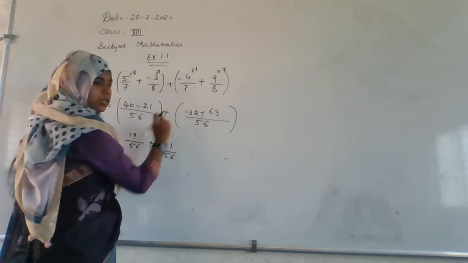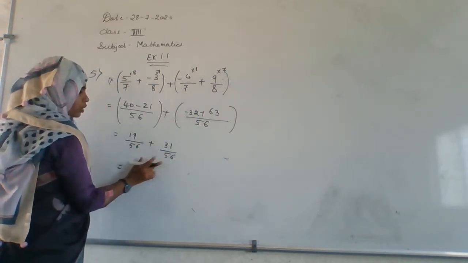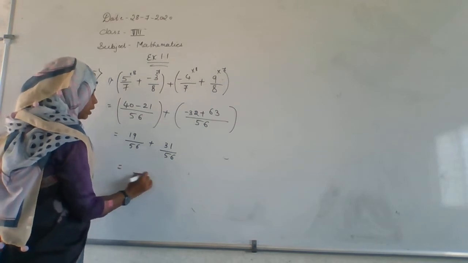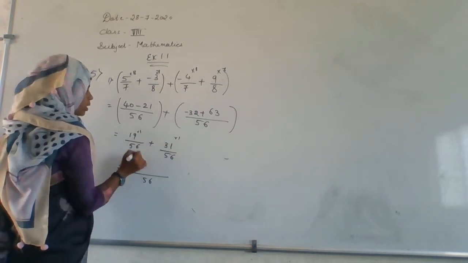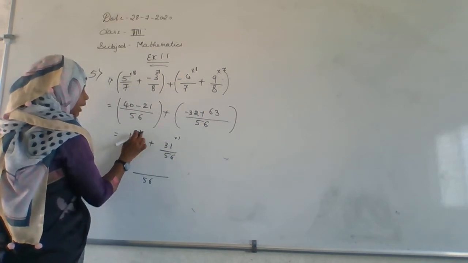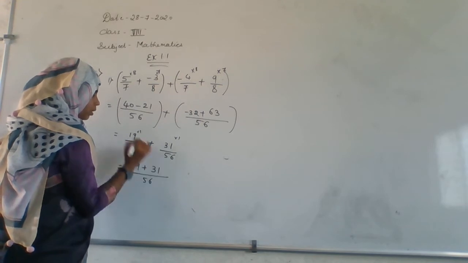Now again we have one more addition, but both are 56, so the LCM will be 56. Now 19 plus 31.